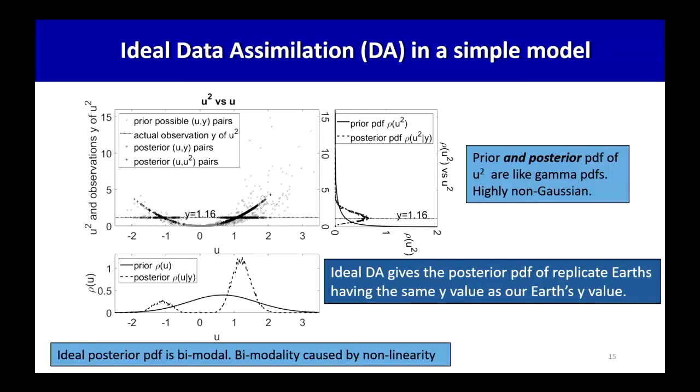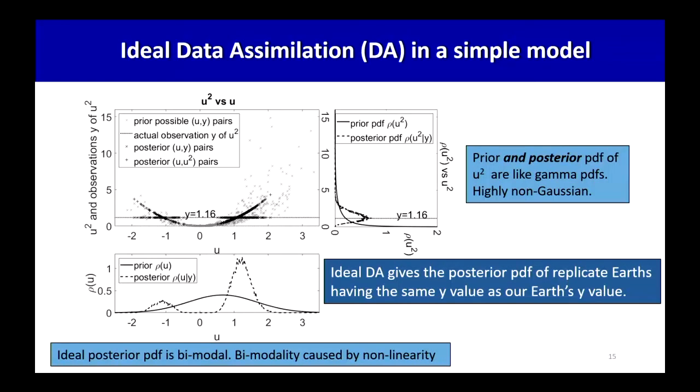That means P of the truth given y equals the prior probability of x times, we call this second thing the likelihood, the probability of y given x, divided by the probability of y.